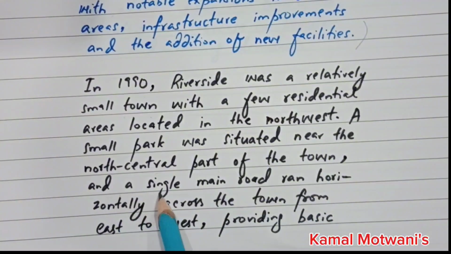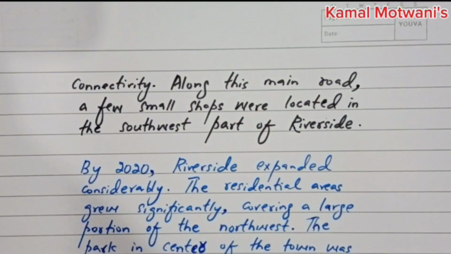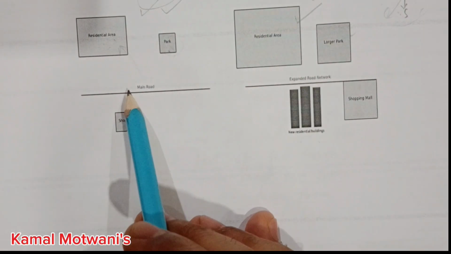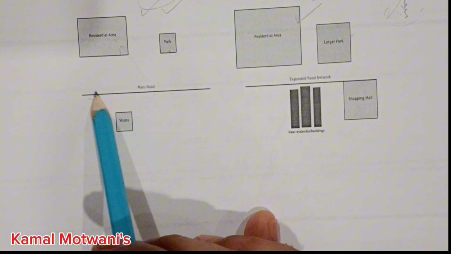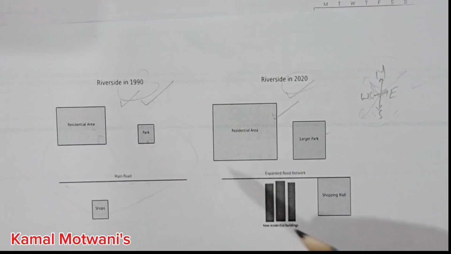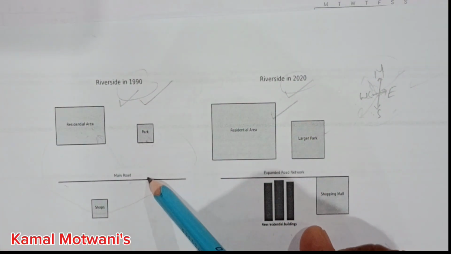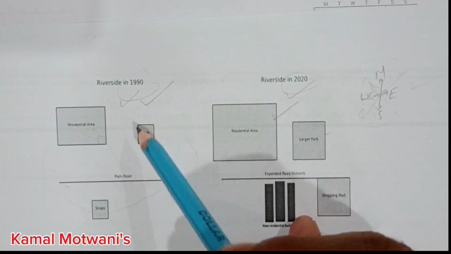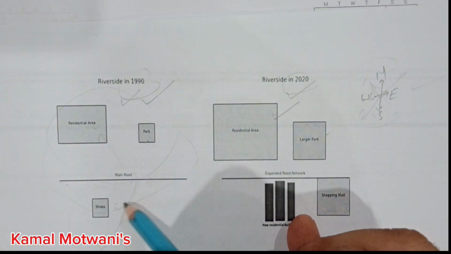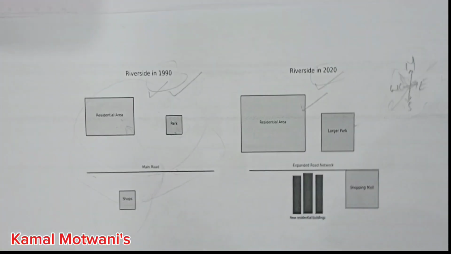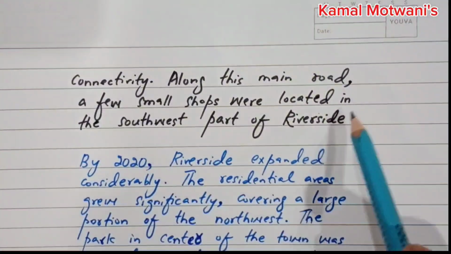And a single main road ran horizontally across the town from east to west, providing basic connectivity. So this is a single main road running from east to west. Now see how this road is providing the basic connectivity. This road is providing basic connectivity between all these things. So this is the connectivity that this road is providing. Okay, let's read ahead.